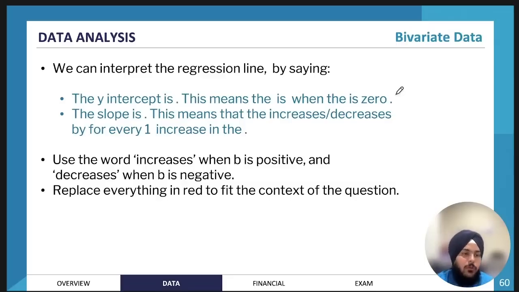Again, having a really good structure when you're describing the slope or the y-intercept is really important, because otherwise you'll get confused in the actual exam and you wouldn't know what to write. So having a really model structure of how to phrase your response will be really important.